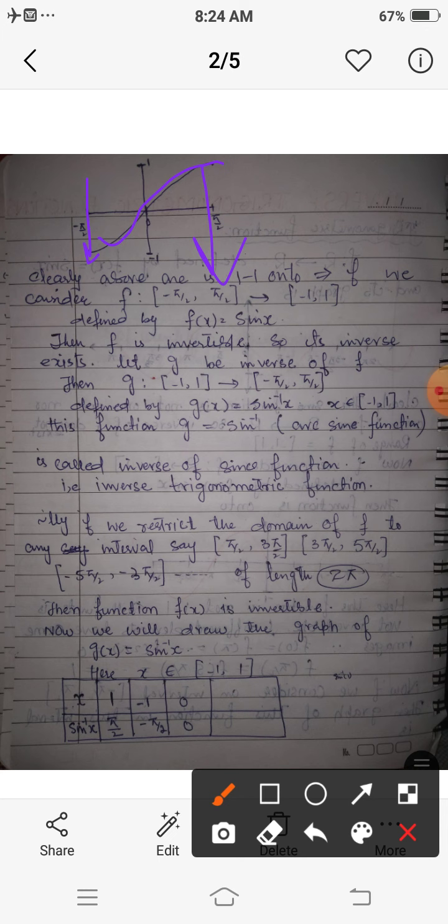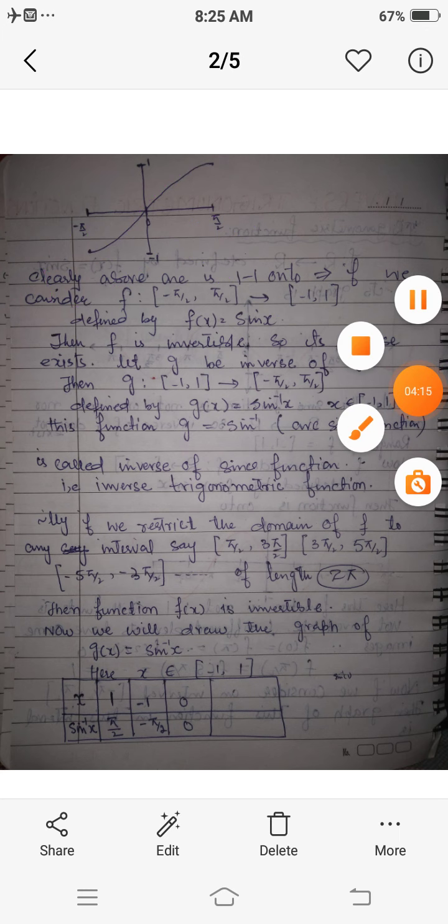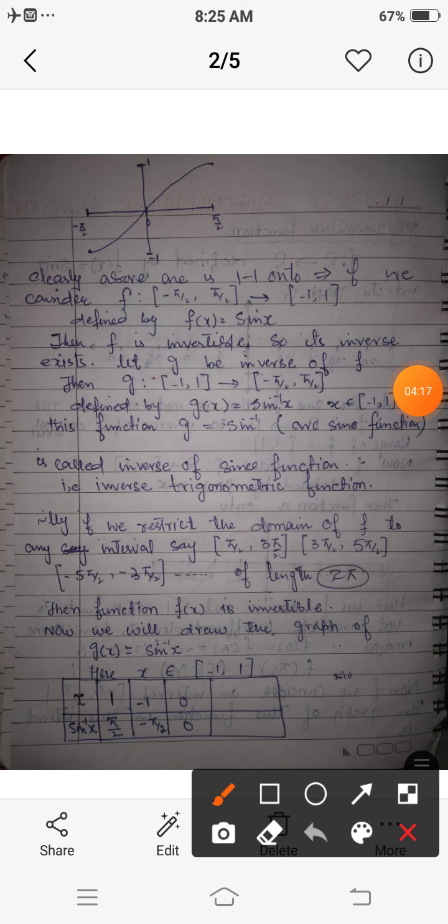Now consider the interval minus pi by 2 to pi by 2. When we consider the same function from minus pi by 2 to pi by 2, it is 1-1 and onto. Now when it is 1-1 and onto, by the definition of the inverse of a function, its inverse exists. Let us suppose that g is the function which is the inverse of the sine function, f of x equals sine x.